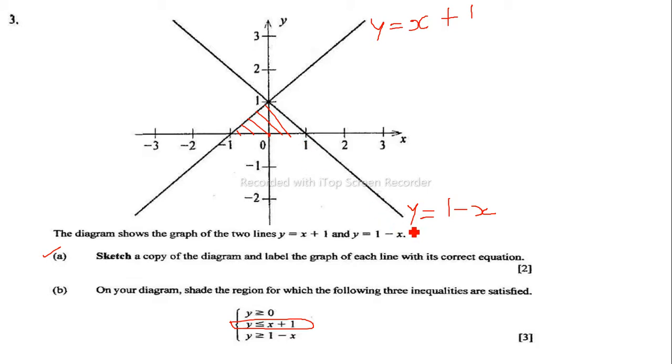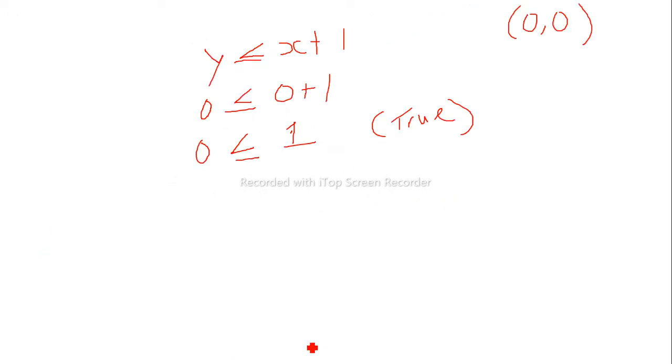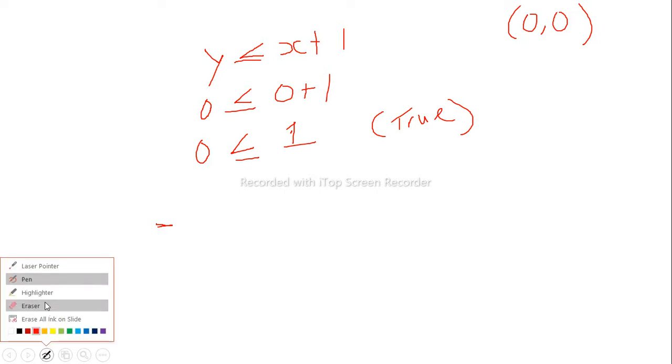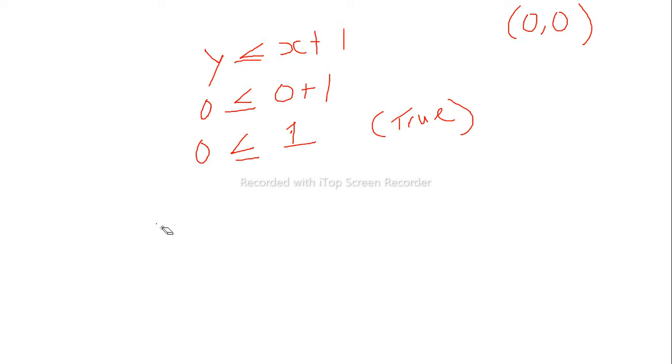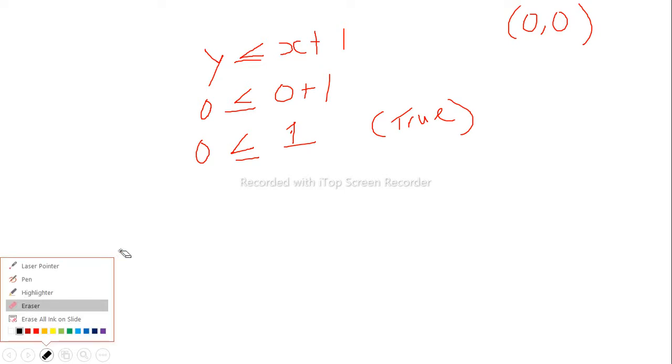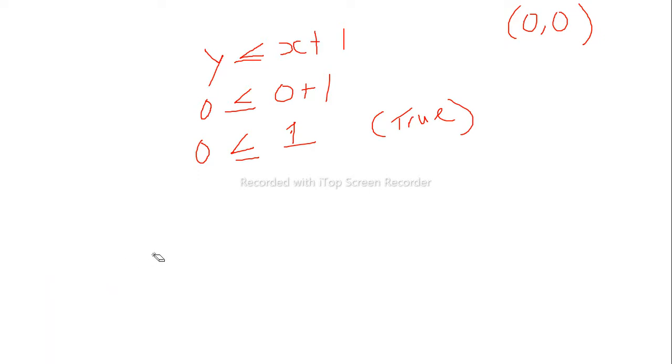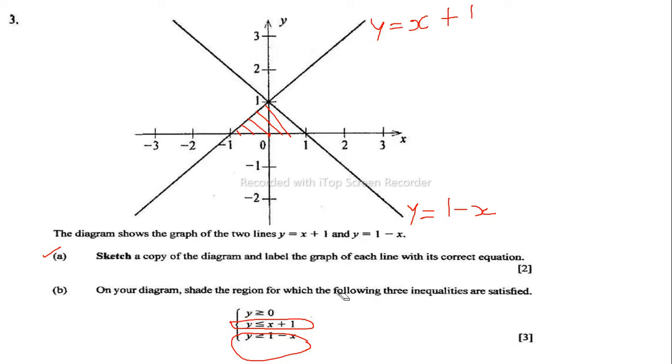Now we have y is equal to 1 minus x. That's this one. All right, so we have to use y is greater than or equal to 1 minus x.